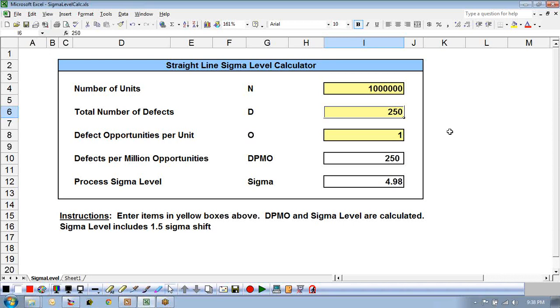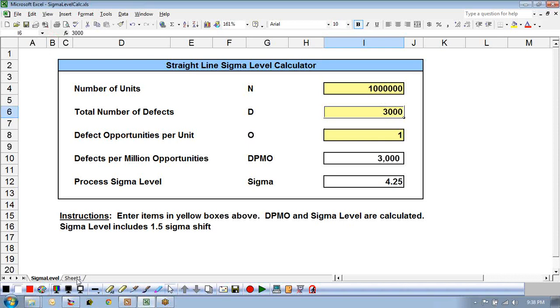So to get to a sigma level of, say, 4, about 1,000 per. I'm sorry, quite a bit more. What was it? About 3,000, something like that. Yeah, there we go. And it's even less than that. I've actually made a table of this.